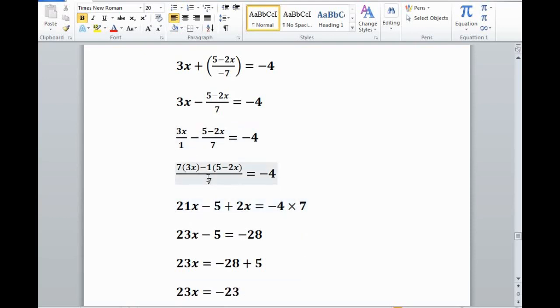The rule for the LCM is that I will divide LCM 7 by the first denominator 1. If we divide 7 by 1, we get 7. And then I will multiply the 7 by the first numerator 3x, so 7 multiplied by 3x.